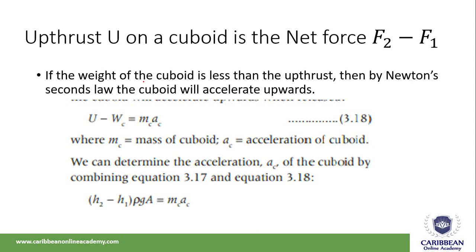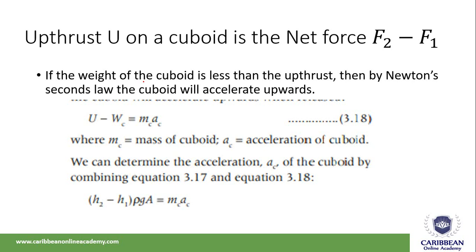It then tells us that the object will move upwards, and because it's moving, we can link Newton's second law to say that the net force is equal to mass times acceleration.